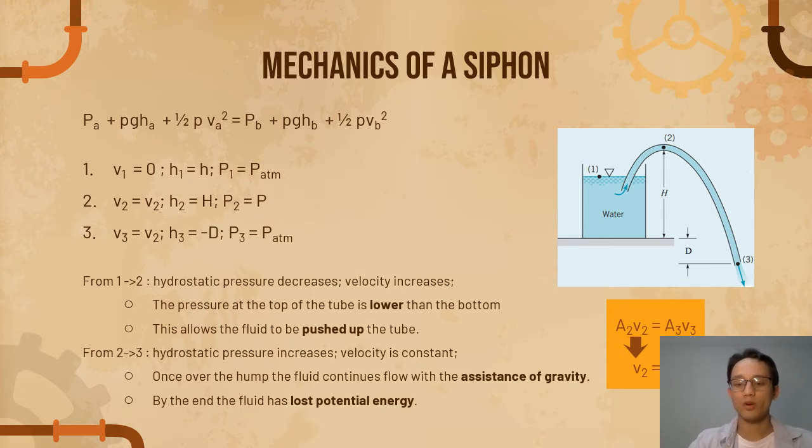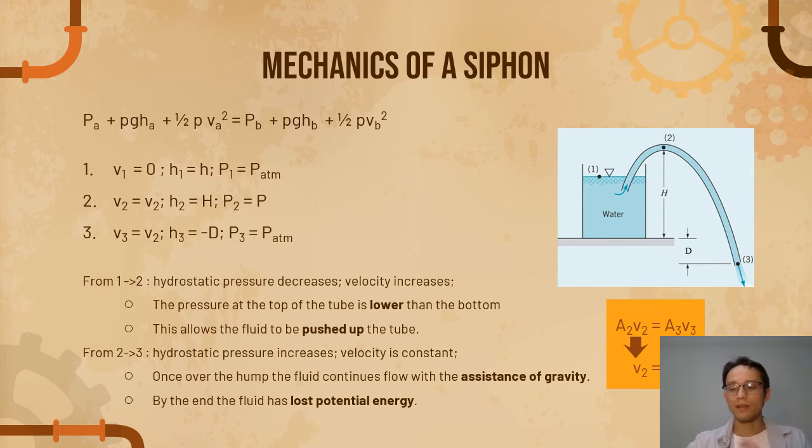And since the diameter of the tube, which is the area that we're referring to here, is constant throughout it, then V2 is equal to V3. Thus, at 3, the velocity is equal to V2, the height is equal to negative d, and then the pressure is once again equal to atmospheric pressure.